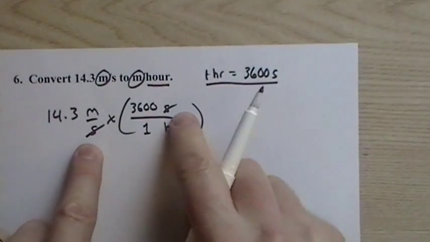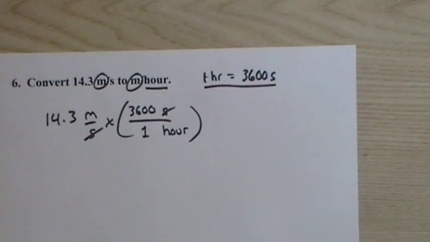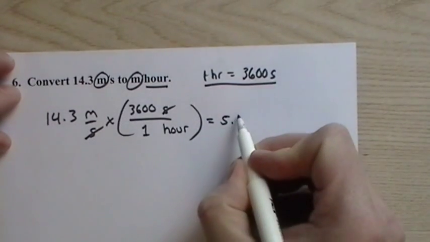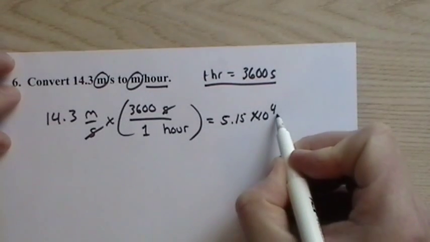Notice because one is on bottom, one is on top, they cancel, which they should. And we end up with, after rounding, 5.15 times 10 to the 4th meters per hour.